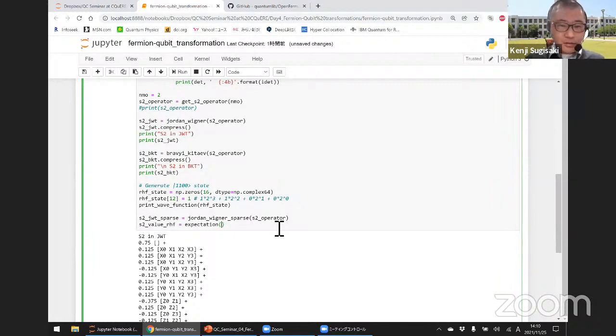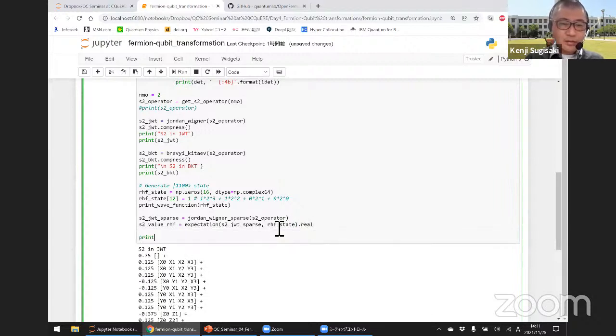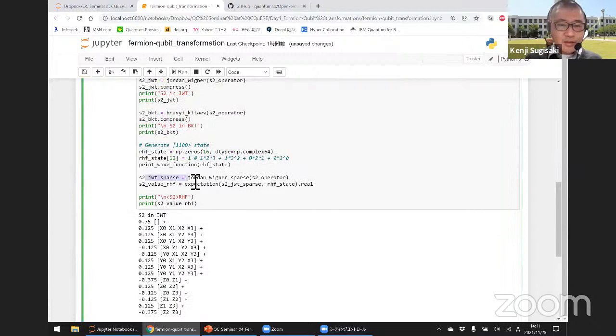Here we calculate the expectation value of the S-square operator for the Hartree-Fock wave function.